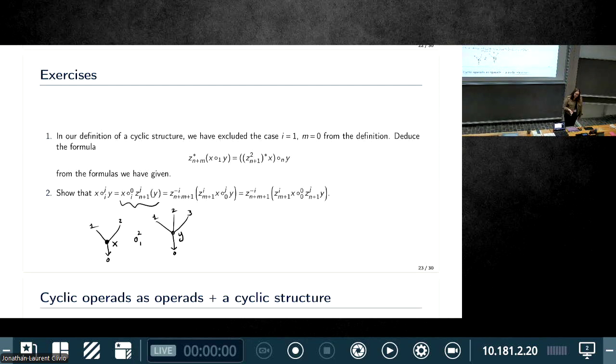This means that I'm going to glue the leaf. Sorry, there shouldn't be arrows on these things. I'm going to glue the boundary component labeled 2 to the boundary component labeled 1. Right, so what does this look like?